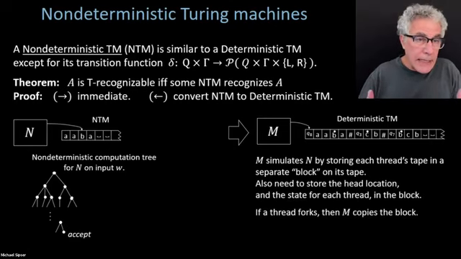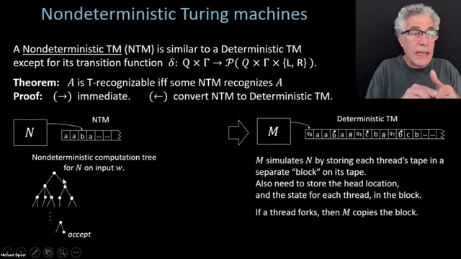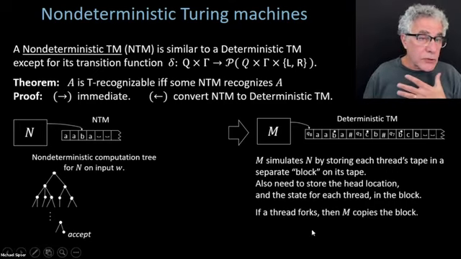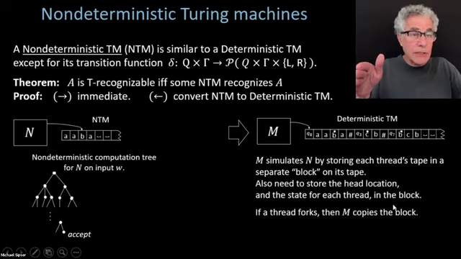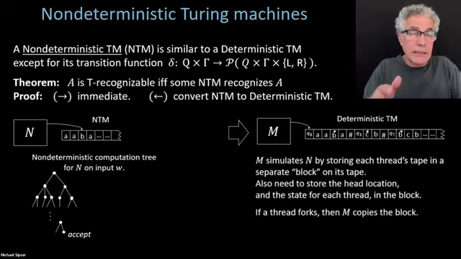There again, similar to before, there might be some special situations arising. So for example, N is non-deterministic, so a thread might fork into 2 threads. What do we do then? Well, the reasonable thing: if there's a forking thread, M copies that block, makes 2 copies of the block, or however many copies you need, to correspond to the possibilities that that thread is branching into.